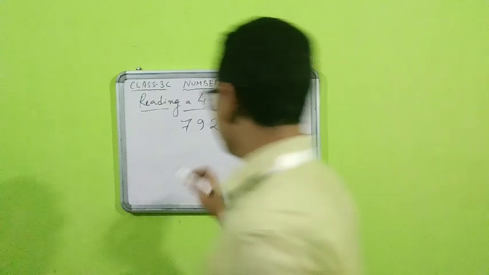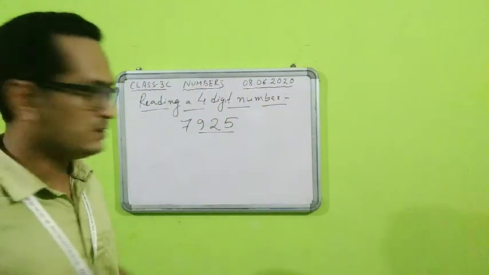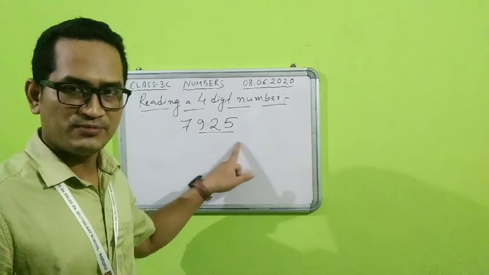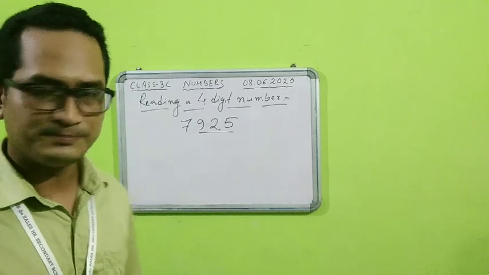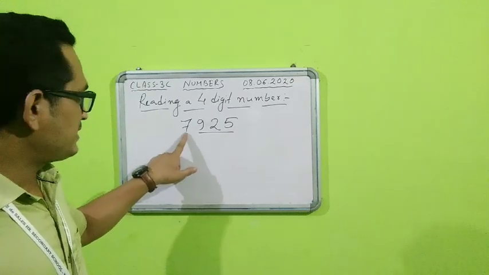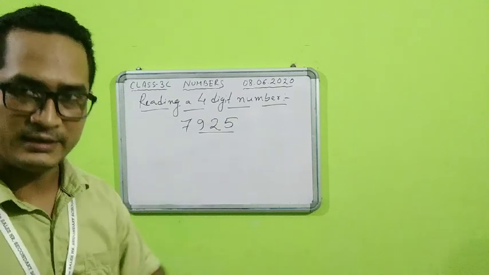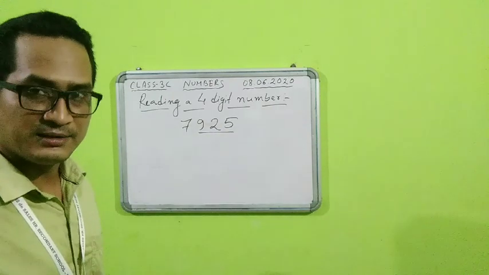Fine. Now students, the first 3 digits you already know how to read, because we have already learned it last year. This is 925. That we have already learned. We have to now add this 7, this extra 4th digit, with the number name. So how are we going to read or write it, in words?